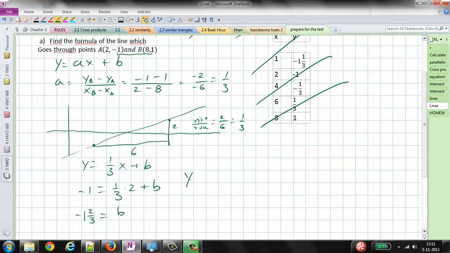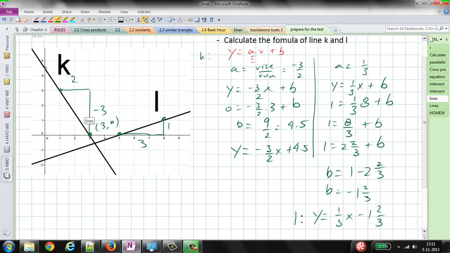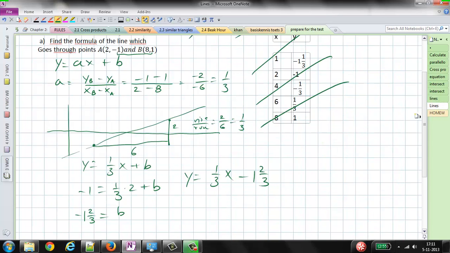So it's going to be y equals 1/3 x minus 1 and 2/3. Okay. So different way of asking the same question. Here I asked the question just giving the 2 points, and here I give you the graph of it. But basically it's the same question. You work it the same way.